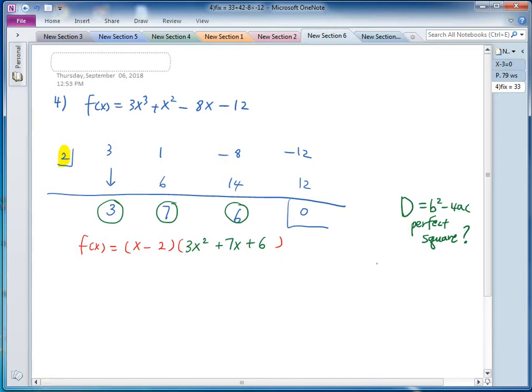So what is my b squared minus 4ac? This is A, this is B, this is C. B squared 49 minus 4ac. 4 times 3, 12. 12 times 6. Oh, that's a big number. This means a negative number. Oh, I'm not going to factor, right?